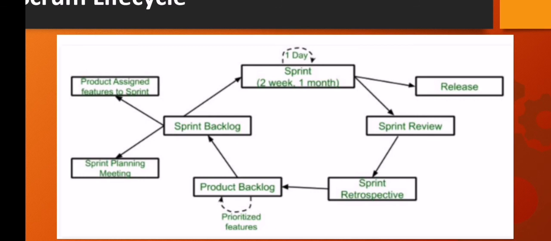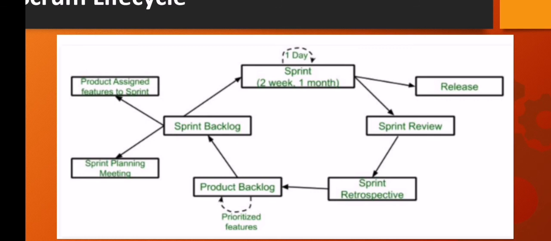Sprint review, on the other hand, is where, if the product still has some unachieved features, it will be checked in this stage, and then the product is passed to the sprint retrospective stage. The sprint retrospective is the stage where the quality or status of the product is checked.